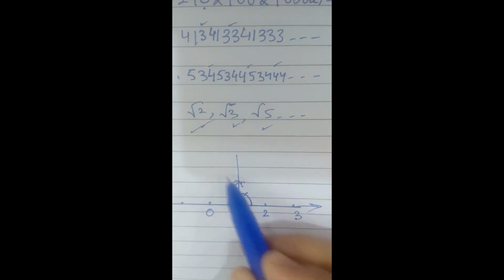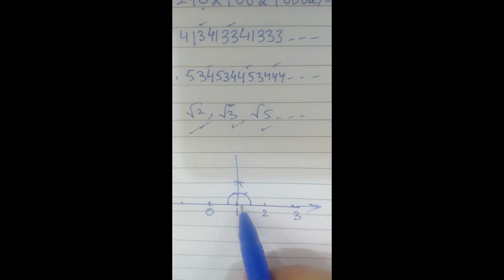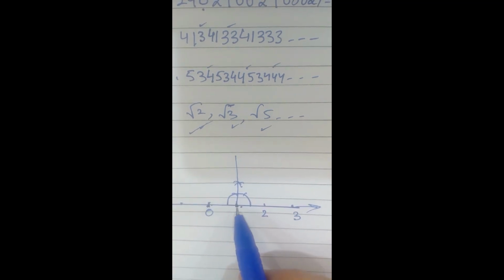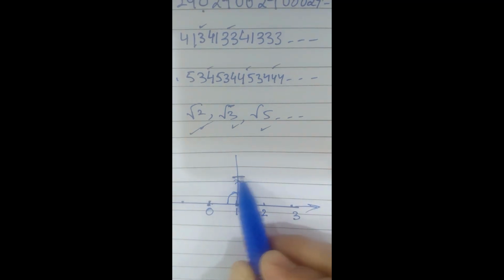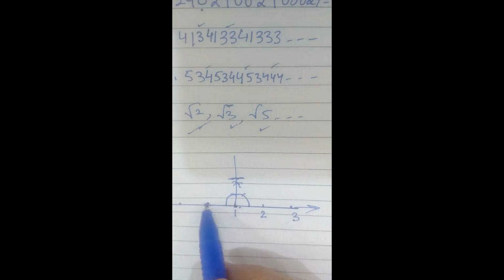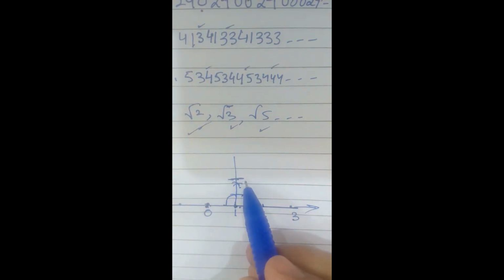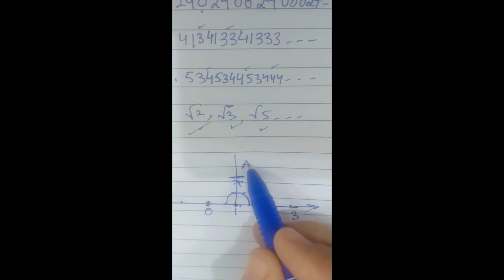Once you do that, whatever distance is from here to here, you will fix your compass here, open the compass till here, then fix your compass here and mark an arc. What I said, open your compass from 0 to 1, fix your compass at 1 now, then mark an arc, right? Then name that point as A.